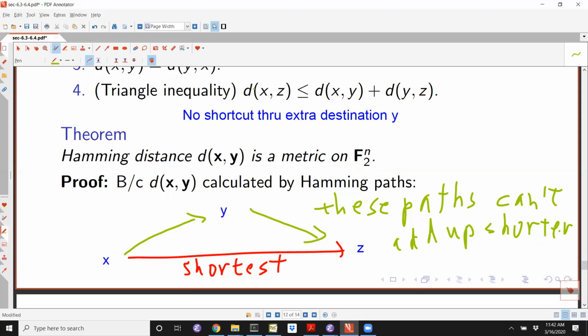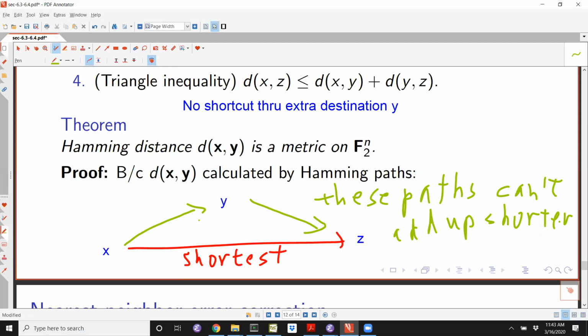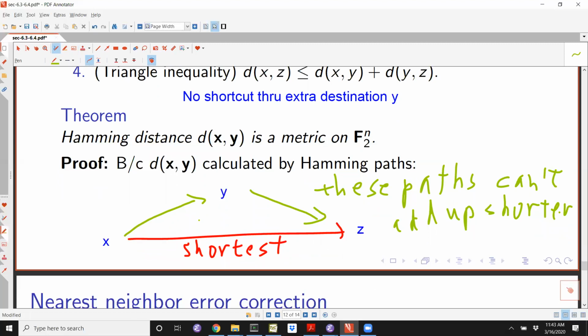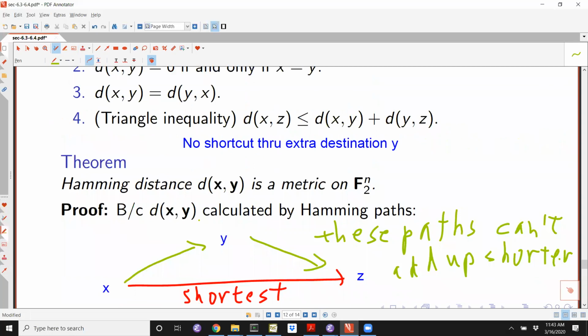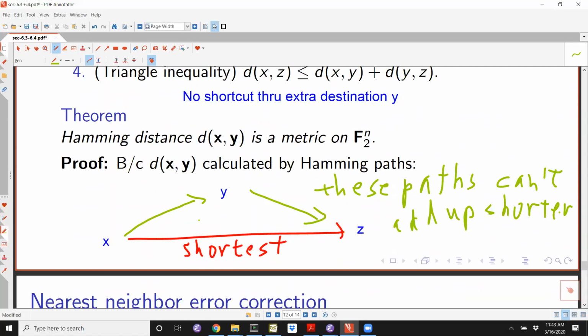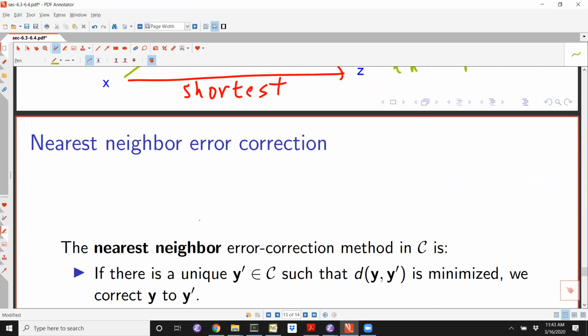So yeah, that's exactly what the triangle inequality says. Any distance that you can think of in terms of paths has to satisfy the triangle inequality. And that's the interesting point here.